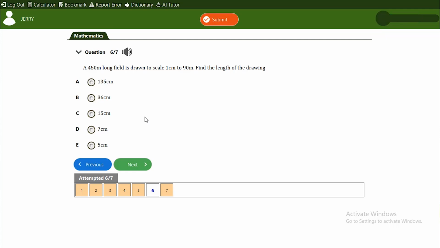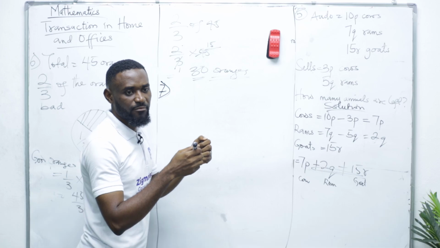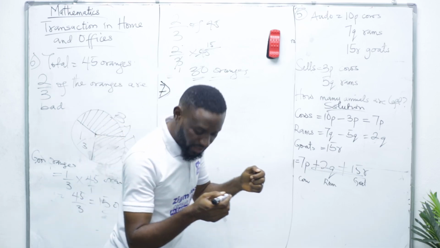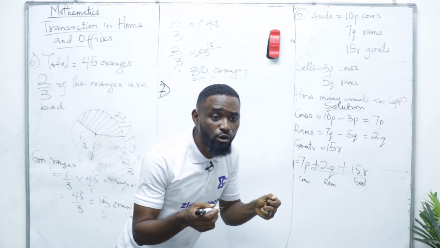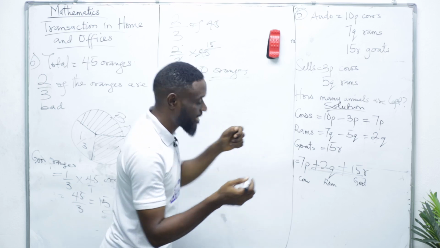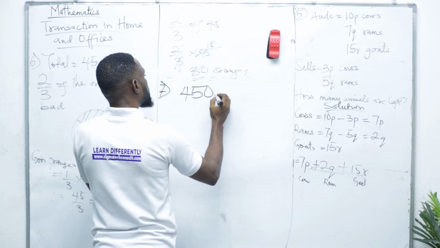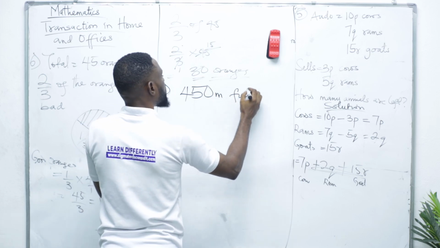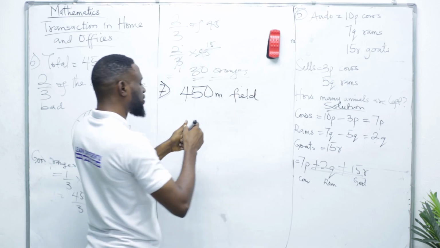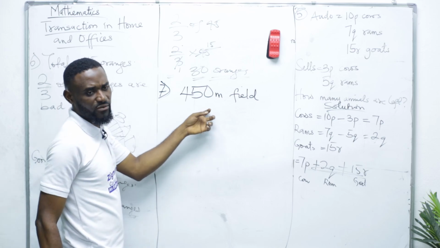Now listen, the 450 long field is drawn to scale. So a 450 meter field. They drew this on paper, right?